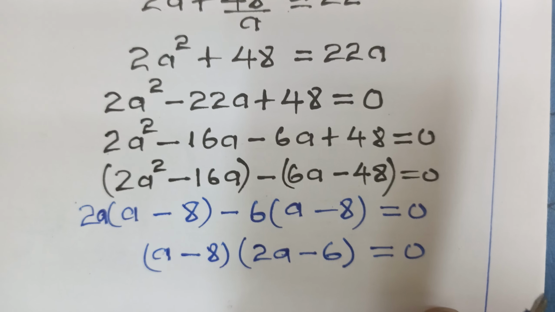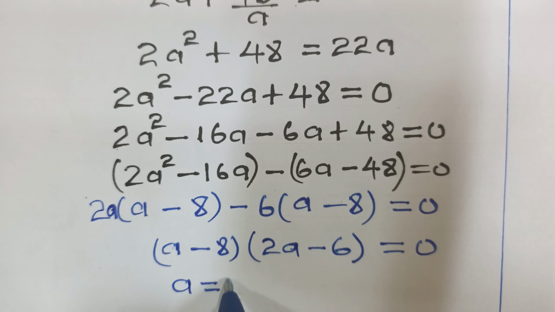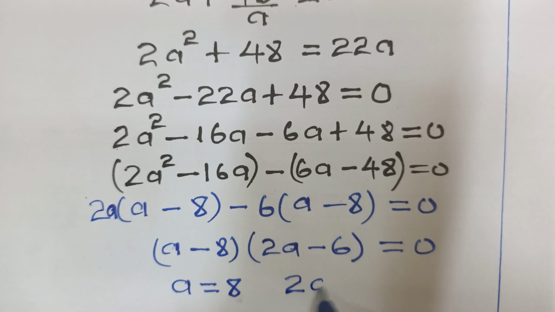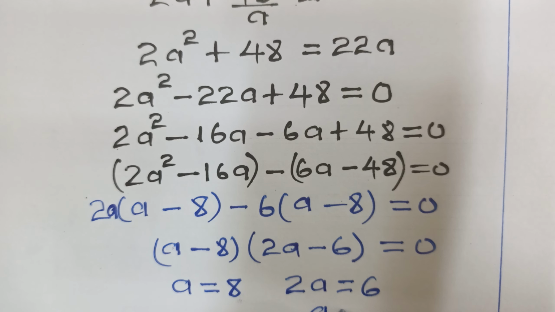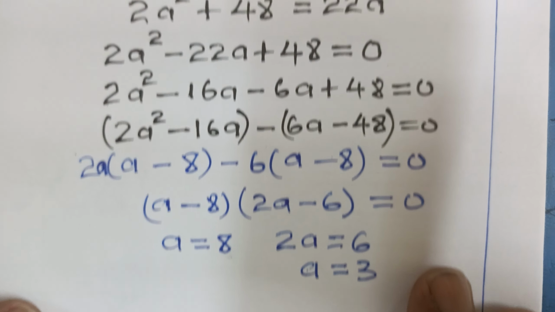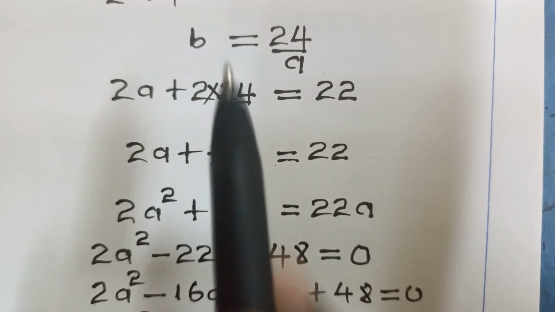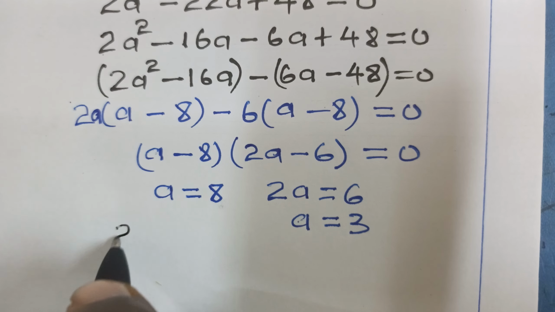And therefore, we shall have our solution here as a equals 8. And on this other side, we shall have 2a equals 6, and therefore a equals 3. Guys, now going back to our equation where we have b equals 24 over a, that's what we are going to replace here.